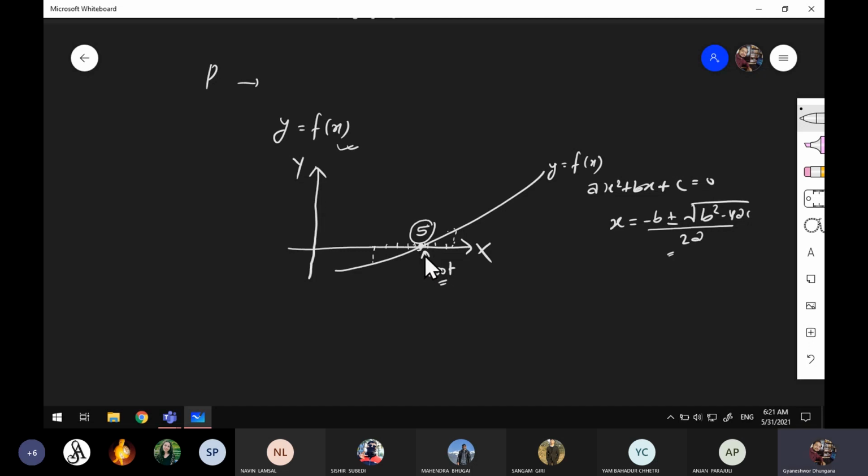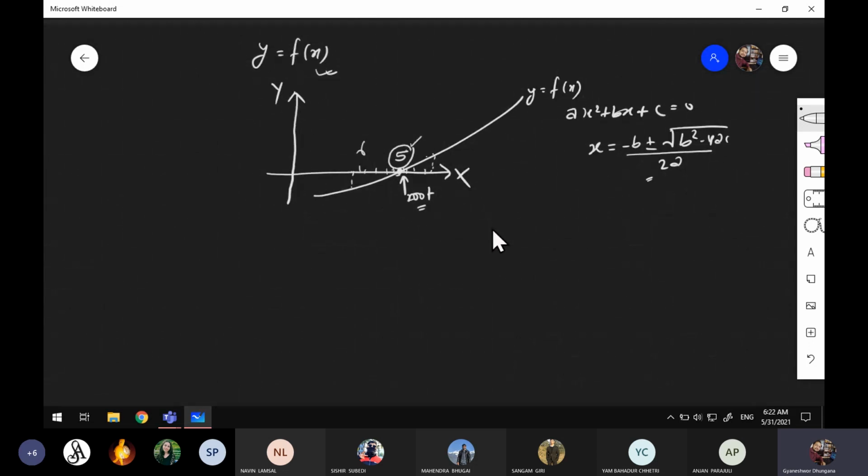Another way is that we assume the root. Here 5 is the exact root, but we assume the root to be 6, and we do some process, and after completing the process we obtain one value as output, and we check how close it is to the exact solution. If it is found to be very close, then we can say that is the final root.